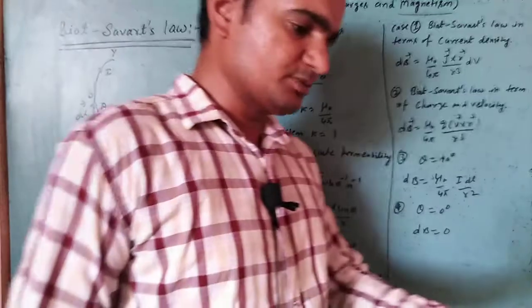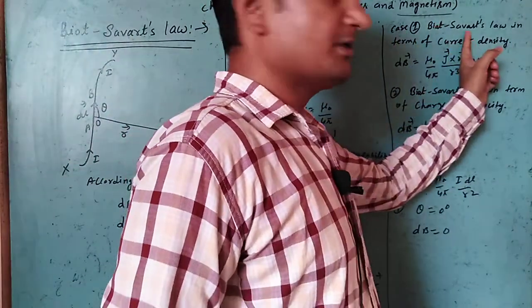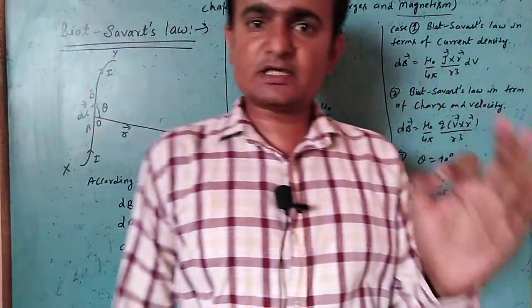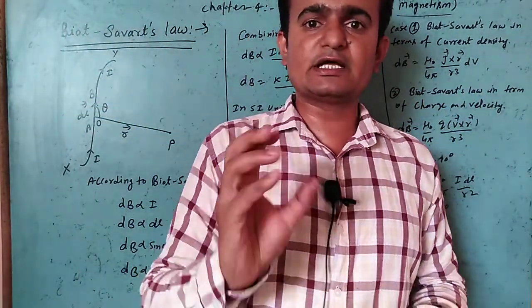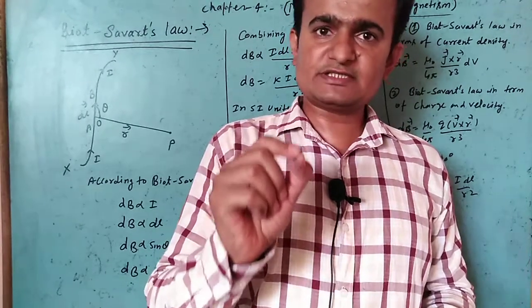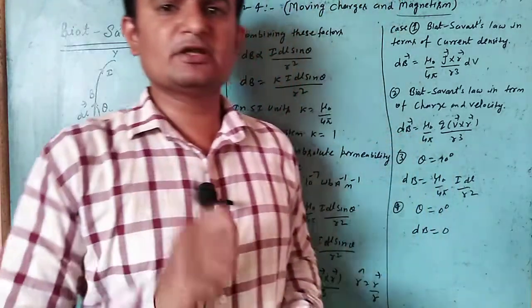Now some cases of the Biot-Savart law. Case first, Biot-Savart law in terms of current density. Biot law को आपको find करना है current density में, where current density you have studied in the unit current electricity. What do you mean by the current density?